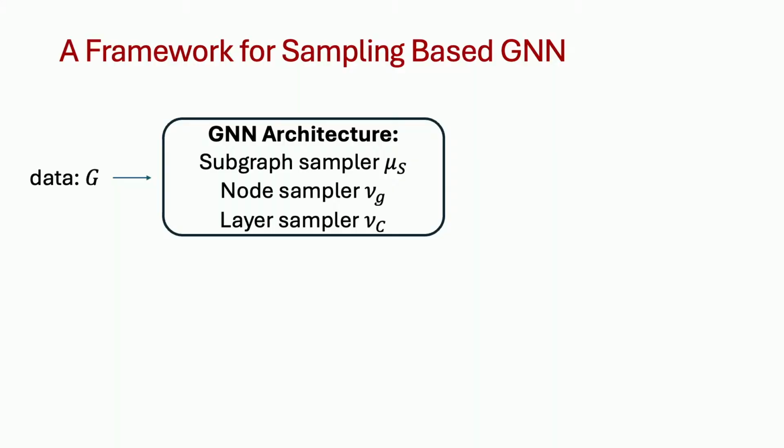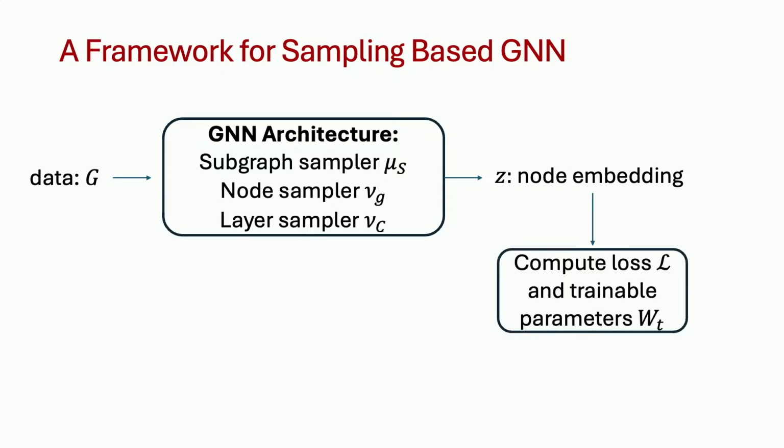To summarize the different graph methods based on sampling, I can think of it with this high-level view: I have a graph G as data input, and then I have a graph architecture that has three versions of sampling in mind. There is mu-S, which is the subgraph sampler, nu-G, which is the node sampler, and a layer sampler nu-C. Based on this, it creates some node embedding, and there is a loss function of your interest that computes the loss for this node embedding and then trains the parameters W_t that I have.